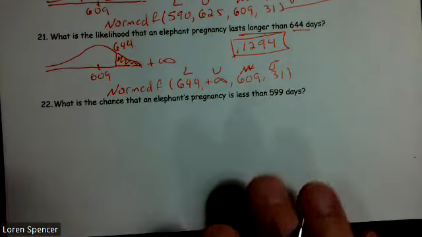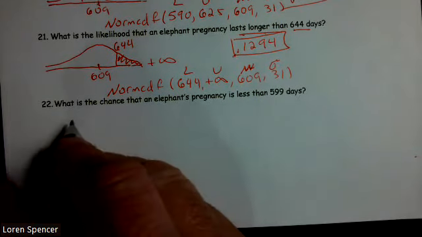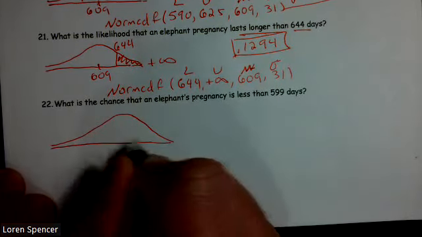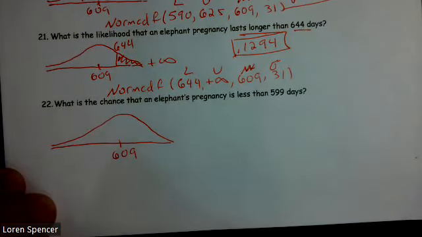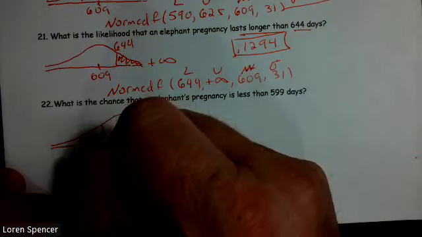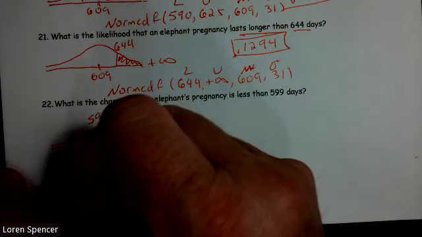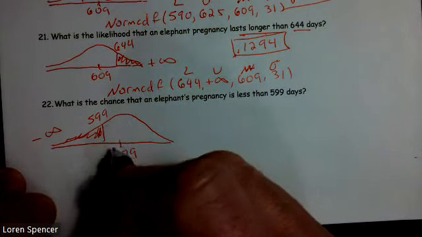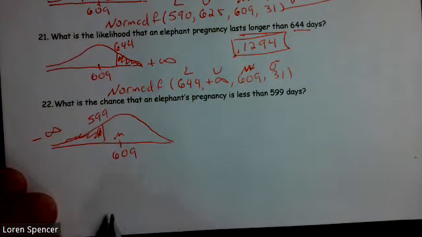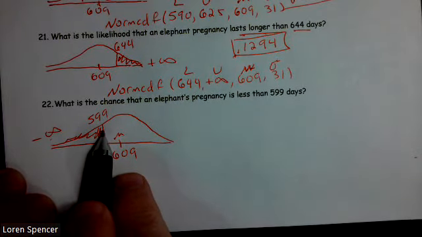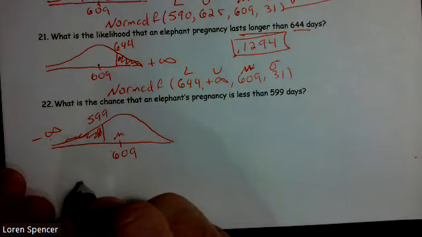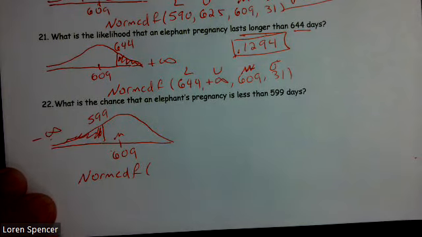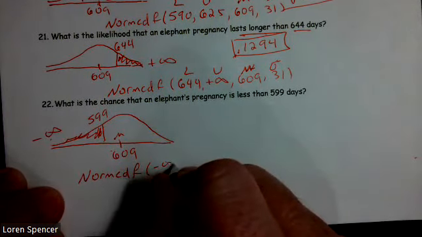Lastly, what's the chance an elephant's pregnancy is less than 599 days? Well, less than means I need to be below. So this is at 599. They didn't give us a lower bound, but 599 is below 609. So that's our graph. Norm CDF. Lower bound, negative infinity.